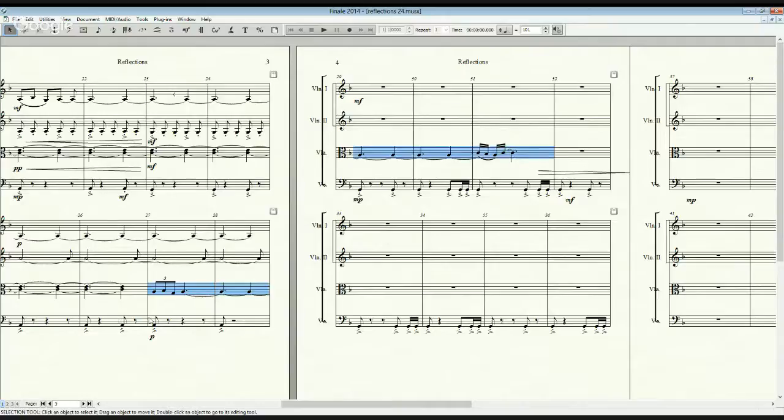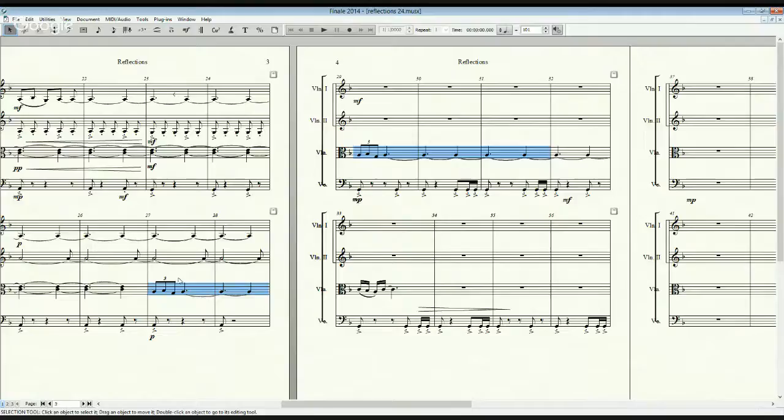Move over one, two. And let's continue for two. Is that right? It says here.